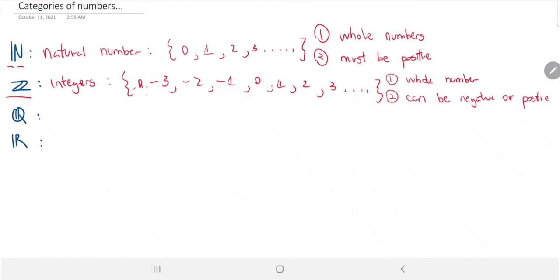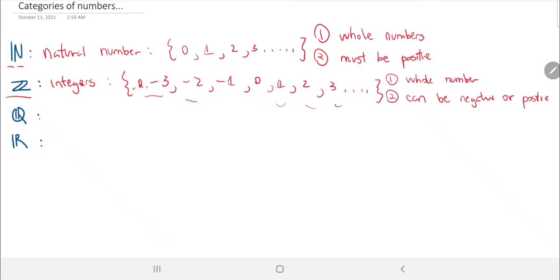So negatives, in this case -3, -2, are all integers, and they can also be 1, 2, 3. They're whole numbers, but they can be positive and negative. The only difference between integer and natural number is that integers include all the negative numbers, and maybe sometimes 0, depending on what your math teacher says.